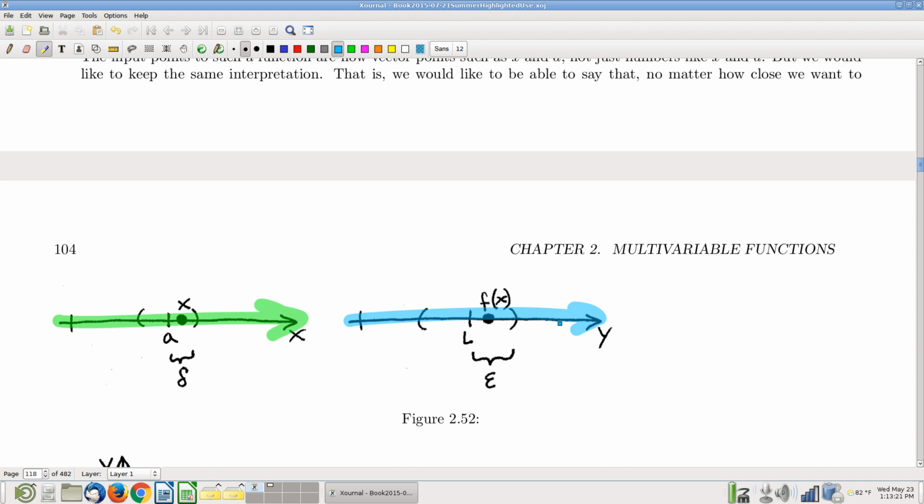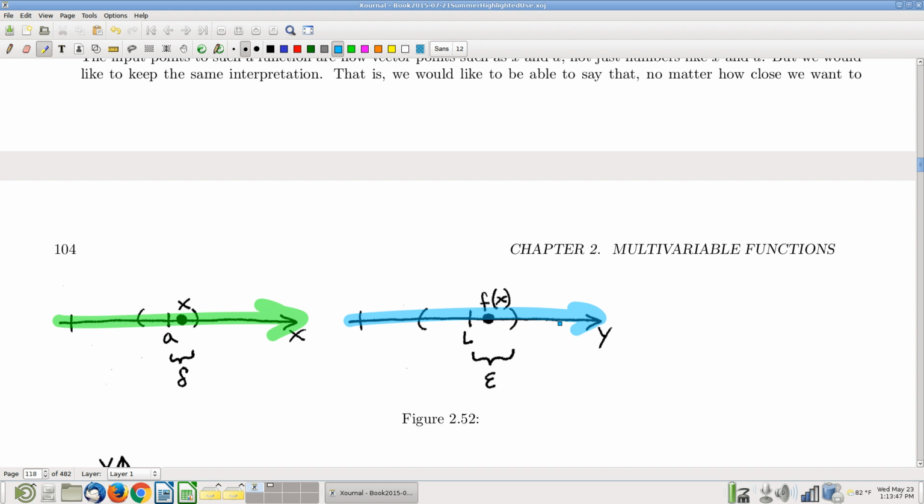Graphs are really inconvenient when you're talking about multivariable functions. Here, I'm just drawing the domain over here, target over here, and I require that no matter how small this interval is, there must be some sufficiently small interval over here such that all of these values of x, not a of course, give rise to f of x that do what they're supposed to do. Everything you really need to see is there.